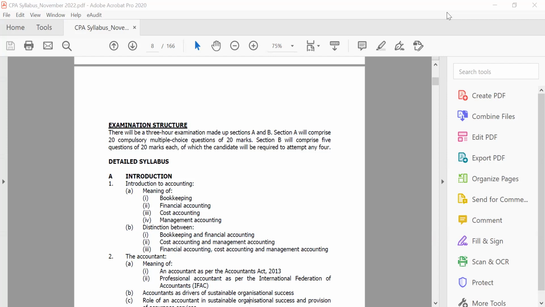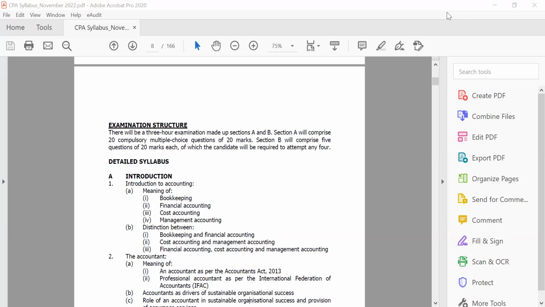Then we have the statement of comprehensive income, which is also called the income statement. Okay. Now, not only those, we have others like the statement of cash flows. And then we have the statement of changes in equity. The notes to accounts, okay?